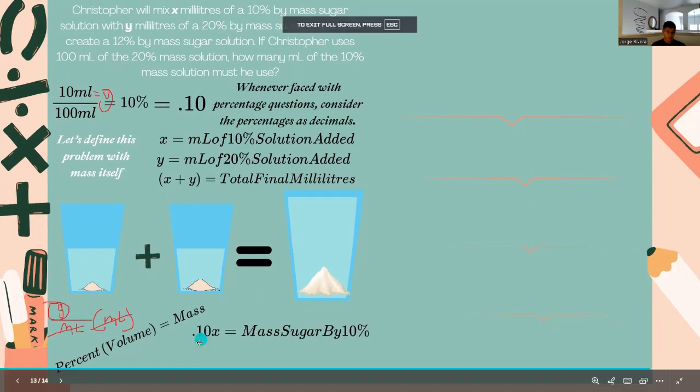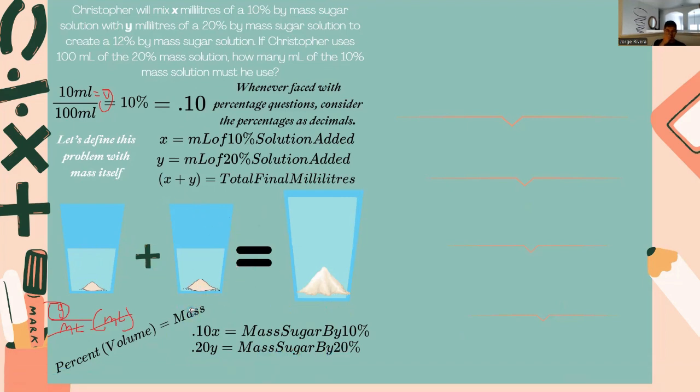So 0.10x is going to be equal to the mass of sugar afforded by the 10% solution. Over here, 0.20y is going to be the mass of sugar afforded by the 20% solution. Afforded just means given.